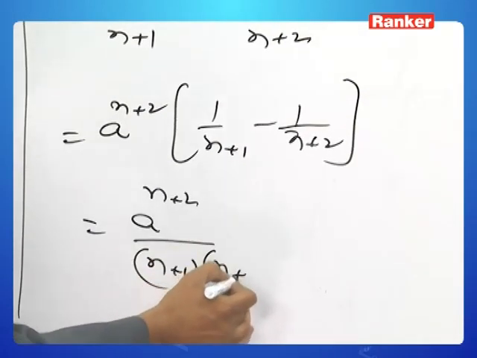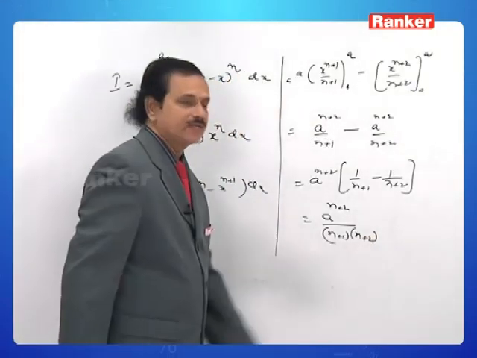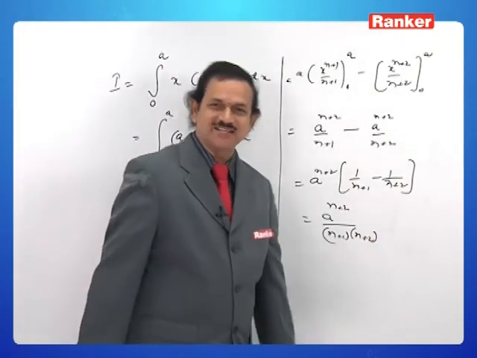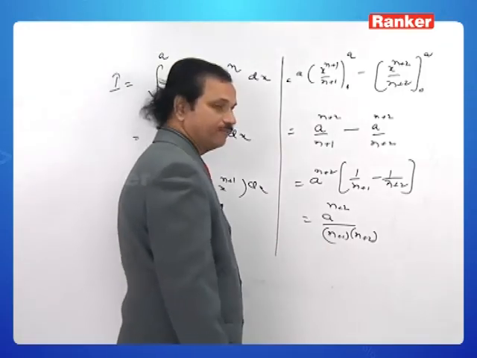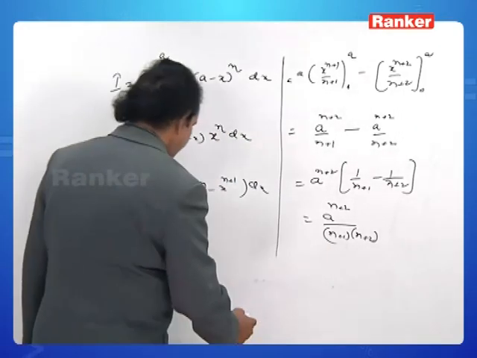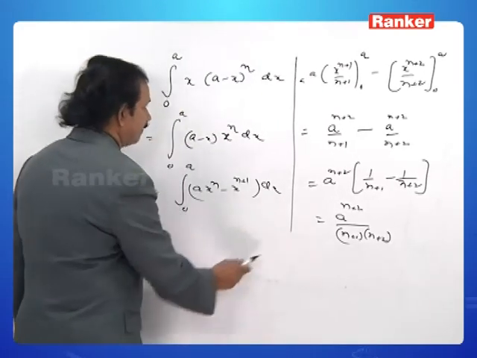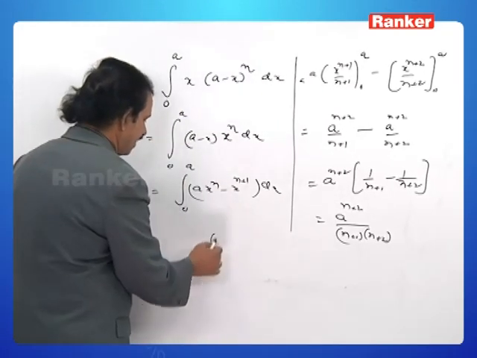Is nothing but a power n plus 2 by n plus 1 into n plus 2. Am I correct? N plus 2 minus of n plus 1 is just nothing but 1 by n plus 1 into n plus 2. So it is a famous answer, beautiful answer. Hence we write, we frame, we construct this also as a formula.